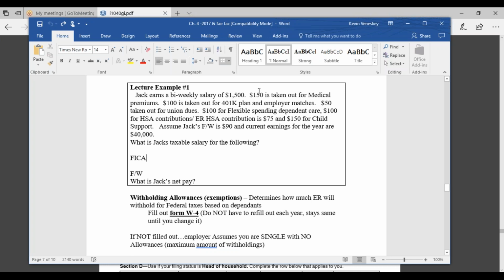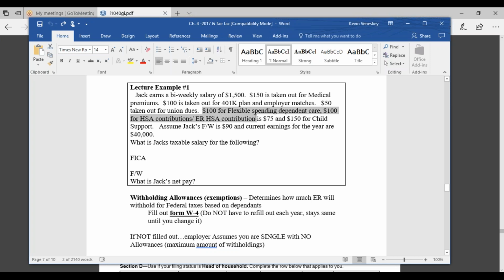So for FICA, we don't pay tax on any medical premiums. We have to ignore this because we do have to pay taxes on any 401k. The $50 union, we don't get to deduct for that. $100 in flexible spending, we do get to deduct for that for FICA. $100 in HSA contributions, we do get to deduct for that.